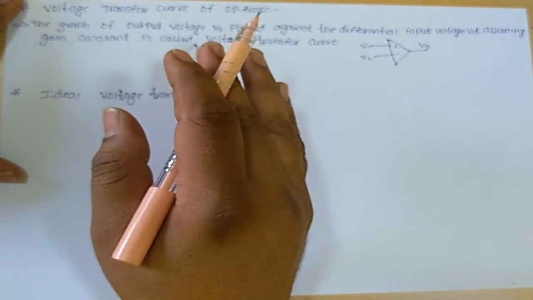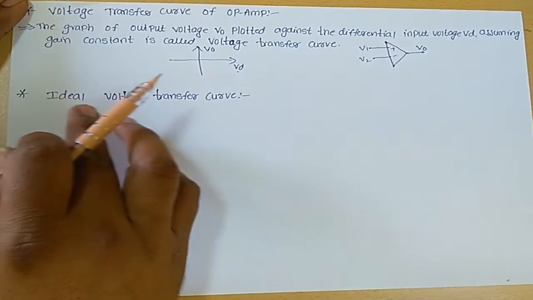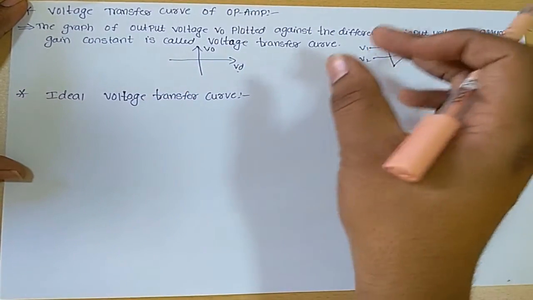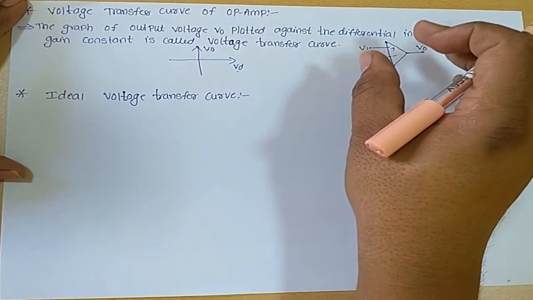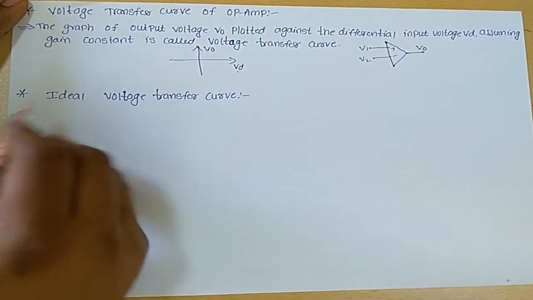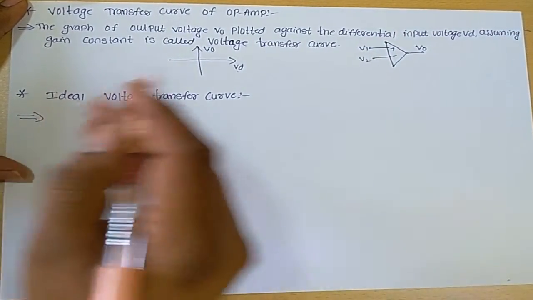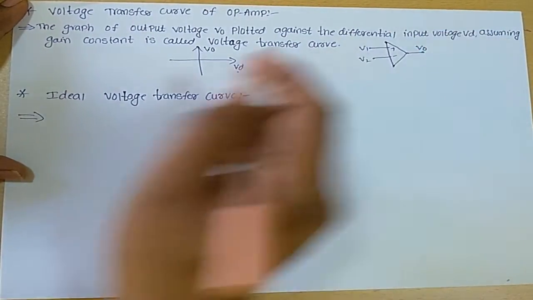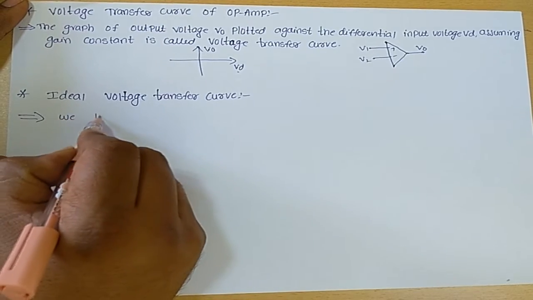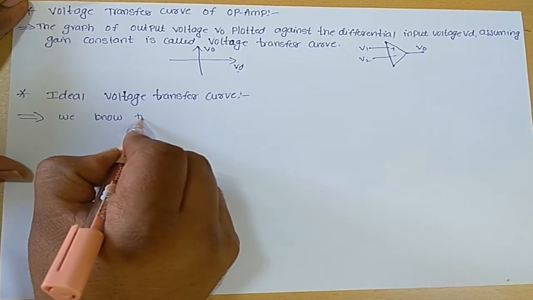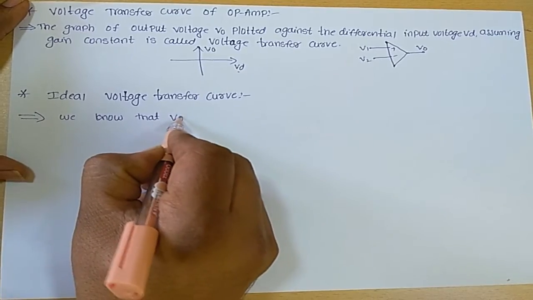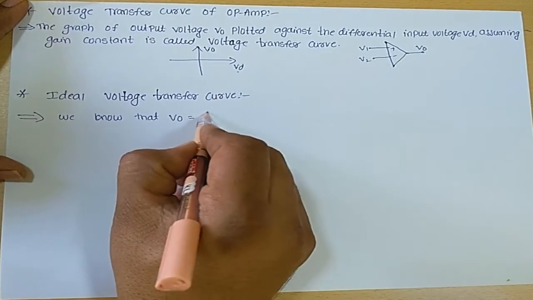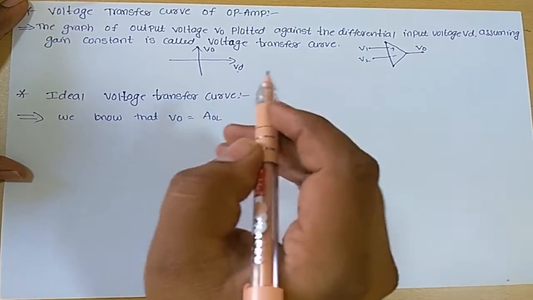Clear? And now we are discussing the ideal voltage transfer curve. It means that the operational amplifier we consider is ideal. Now we determine the output and input relationship of this operational amplifier. We know that the output voltage V0 equals the gain of this operational amplifier, that is AOL, the open loop gain.